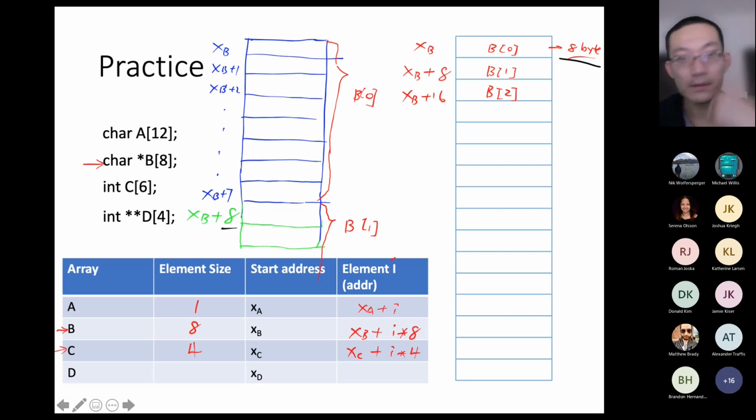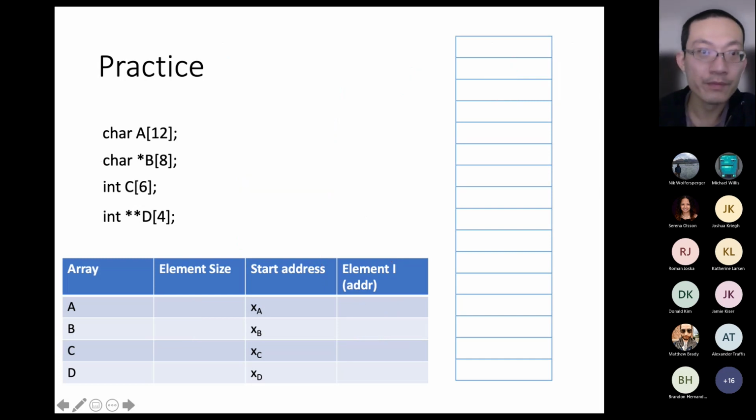Okay, let's go ahead. Finally, let's look at integer star star, D4. Now let's look at the last one. We have integer star star.